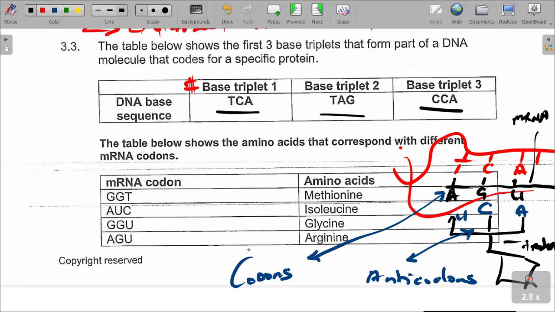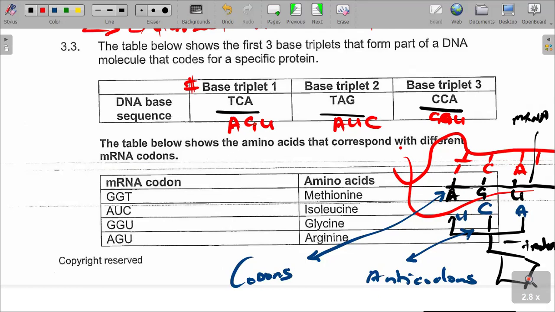we have to give their codons here. We must give the codons for all of them. So here it is A G U. On this one it is A U C. On this one it is G G U. So these are our codons here.